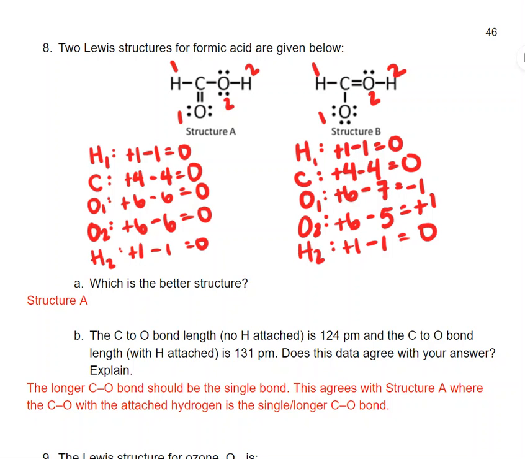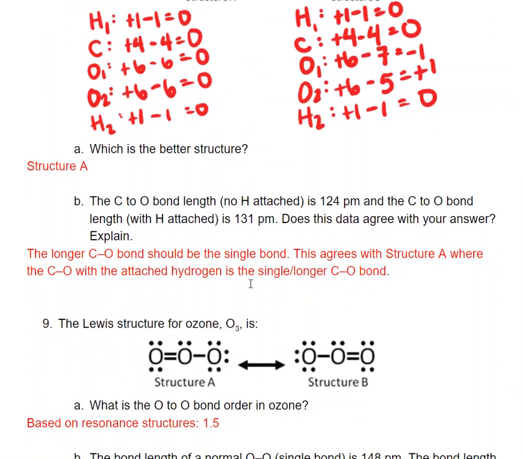The carbon to oxygen bond length with no hydrogen attached, so that's this one right here, is 124 picometers, and the carbon to oxygen bond with hydrogen attached, this one over here, is 131. Does this agree with your answer? The longer carbon to oxygen bond should be the single bond. This agrees with structure A, where the carbon to oxygen bond with the attached hydrogen is the single, longer carbon to oxygen bond.